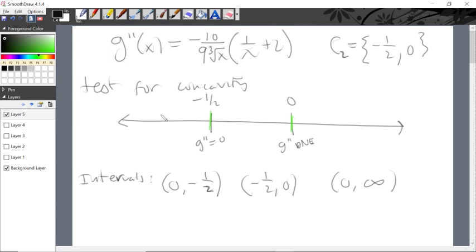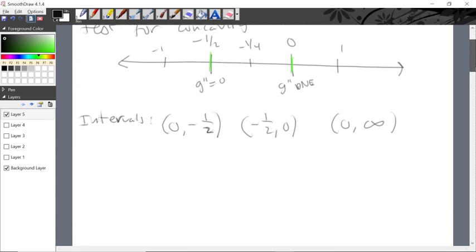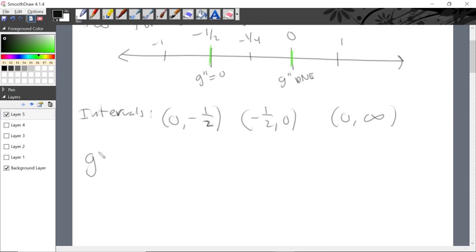And let's choose test values within each, like negative 1, and how about negative 1/4, and how about positive 1. So we can test there. We're going to test in the second derivative. What is g double prime of negative 1 going to look like? What is g double prime of negative 1/4 going to look like?